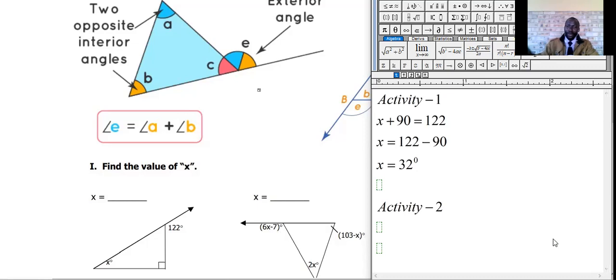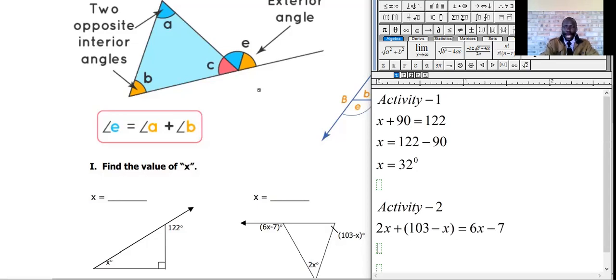We are dealing with 2X that we have to add to 103 minus X. These two angles, when added, must give us the other opposite exterior angle, which in this case is 6X minus 7. See that?